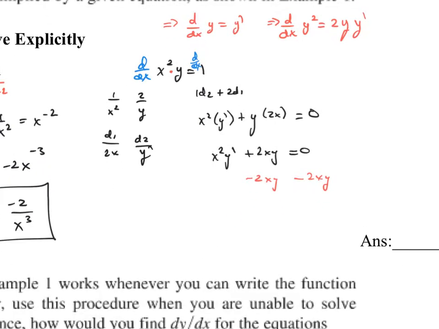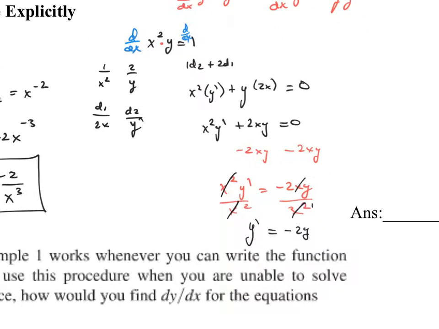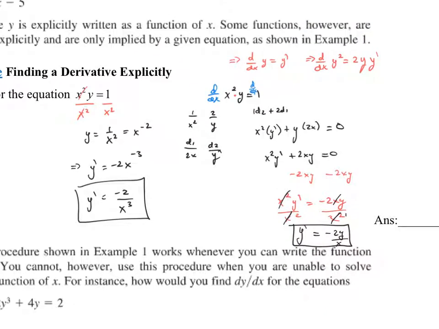And you would have x squared y prime equals negative 2xy. Divide both sides by x squared. Again, I'm trying to get y prime by itself. And I'd have y prime equals, well, notice one of the x's simplify, and you'd have y prime equals negative 2y all over x. That would be the derivative using implicit differentiation.